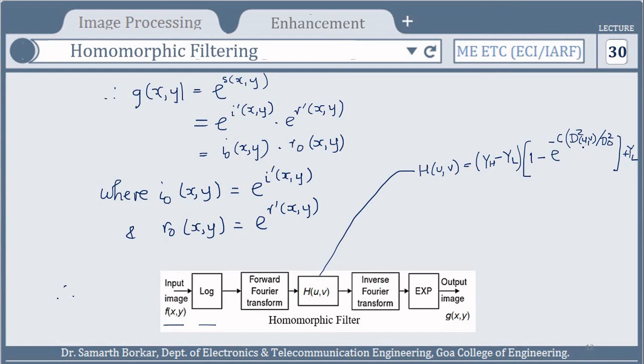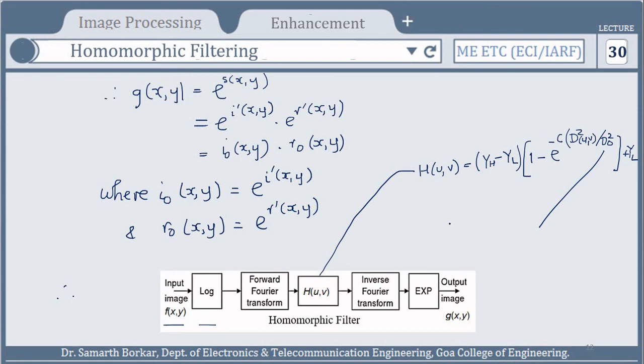Now what is this D square of u, v? It is the Euclidean distance that we have discussed in detail for the low pass filter and high pass filter. If you recollect, the ideal low pass filter, Gaussian low pass filter, Butterworth low pass filter, and similarly the same thing has been discussed for the high pass filter as well. D naught is the cutoff frequency, and we have seen that in the case of the low pass filter, if I simply increase the value of D naught, this results in the ringing effect.